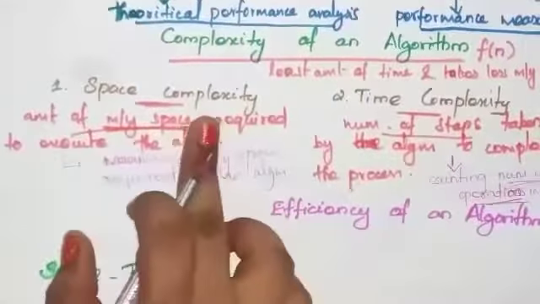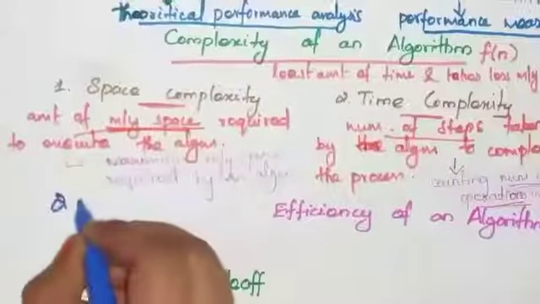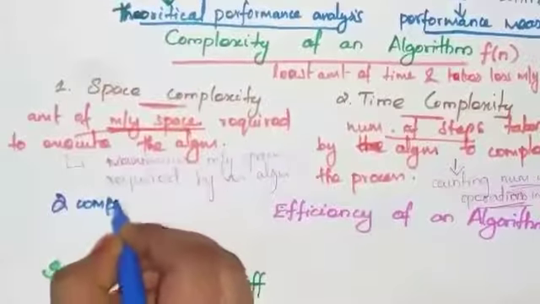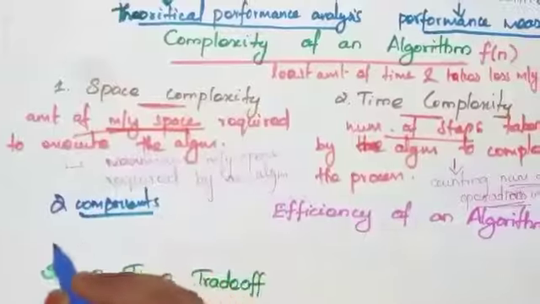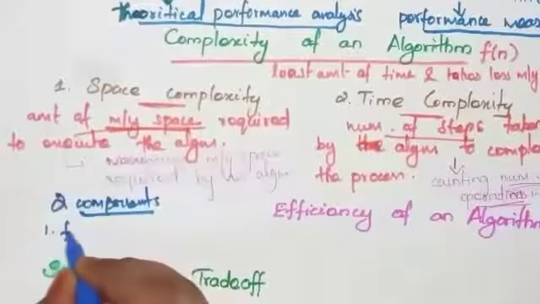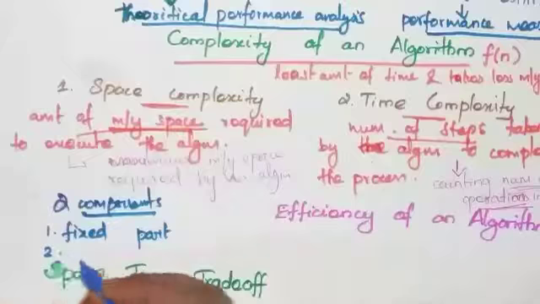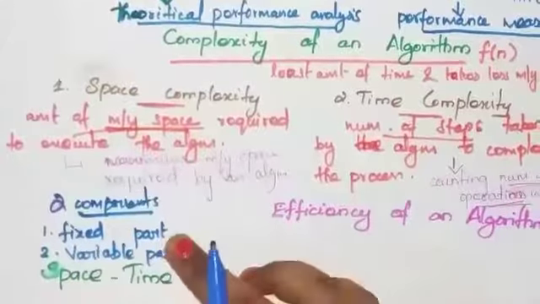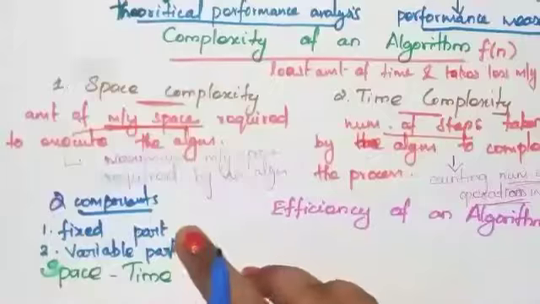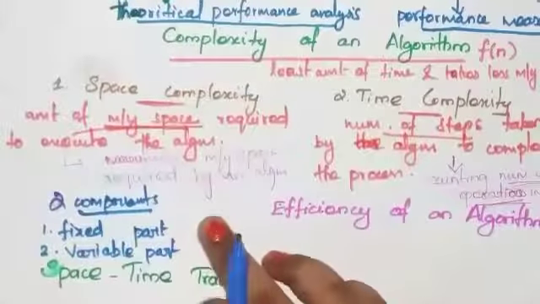Space complexity has two components. What are they? First one is the fixed part. Second one is the variable part. Fixed part means the total space needed to store the data and variables.